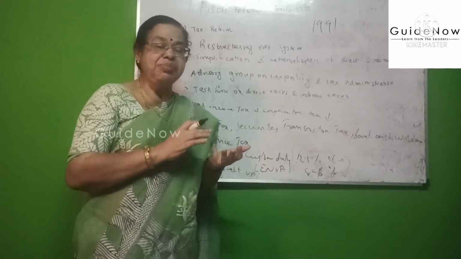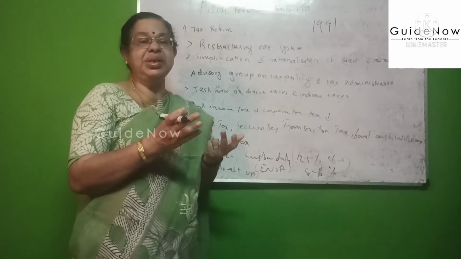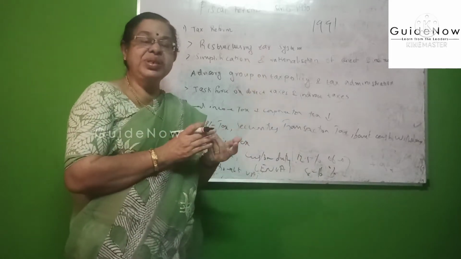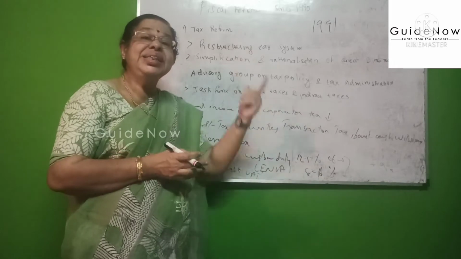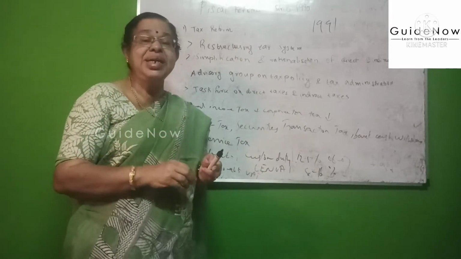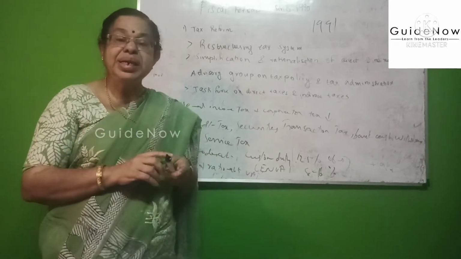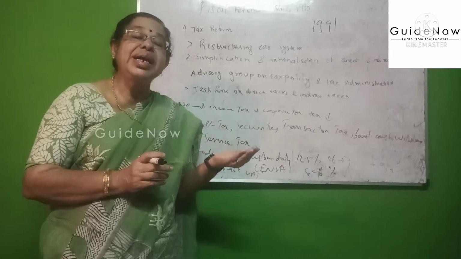The main reforms were industrial policy, foreign trade policy, and fiscal reforms. These were the important reforms introduced by the government of India to avoid macroeconomic instabilities before the 1990s.